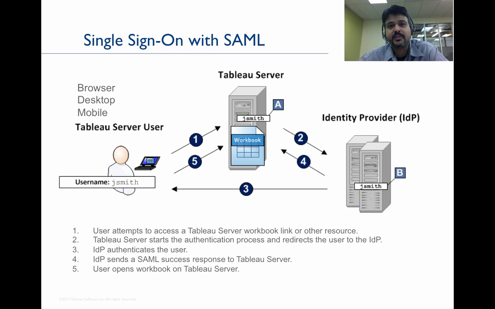This tells Tableau Server that the client is who he says he is. The user, in this case, is who he says he is. Once Tableau determines that, Tableau then uses the permissions and authorization models within Tableau Server to ensure that the user has access to the resources that he's requesting. Once that's done, Tableau allows the user to access the resource.